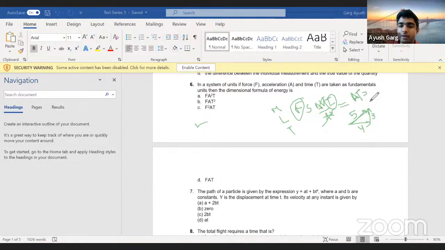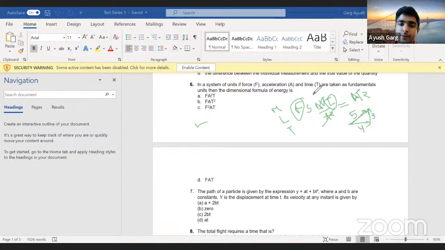You can either put acceleration in terms of displacement by LT minus 2, or you can do the reverse. You can find displacement in terms of acceleration as AT square. So displacement's unit is nothing but AT square when it comes to acceleration and time as the fundamental units.